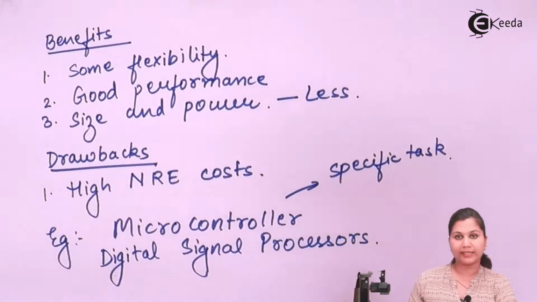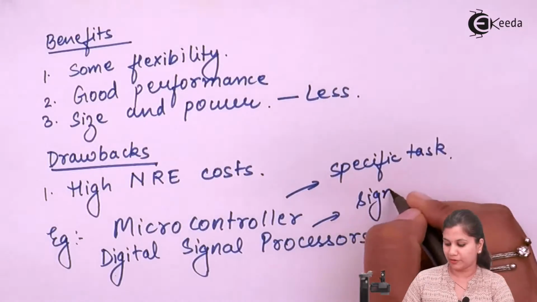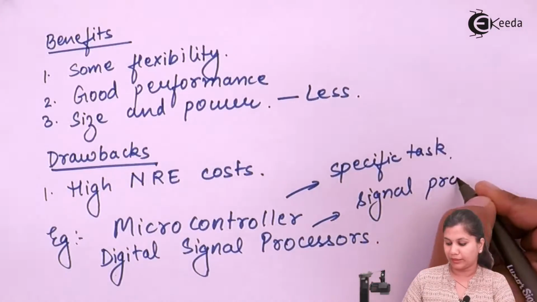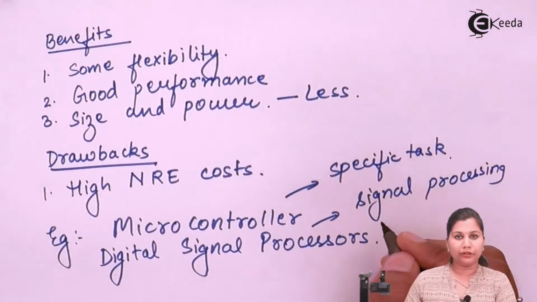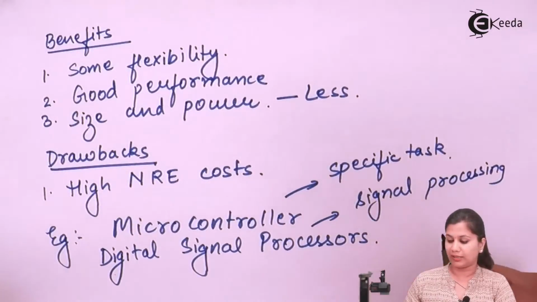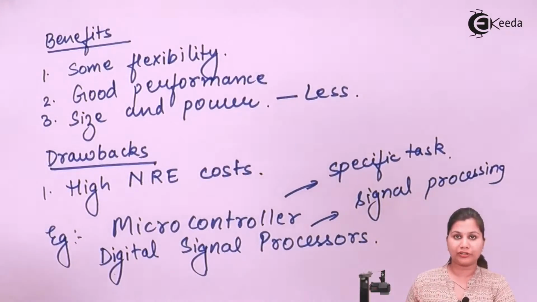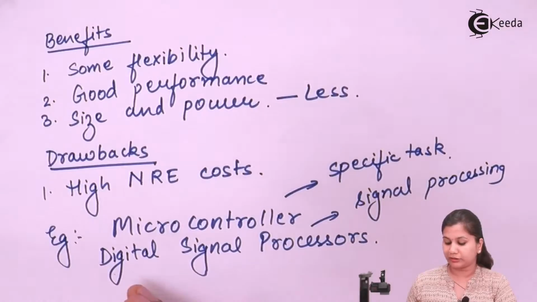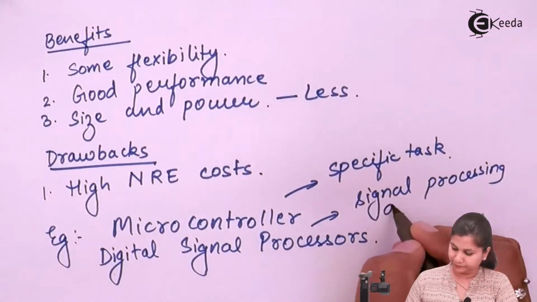Also these digital signal processors are used in signal processing applications, wherever video and audio transmission is involved, and signal processing like filtering and modulation is involved. For that we can use digital signal processors.